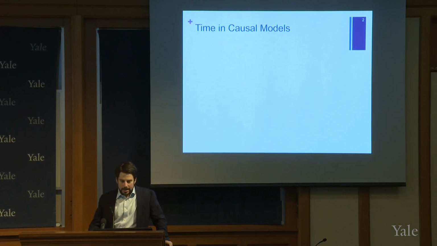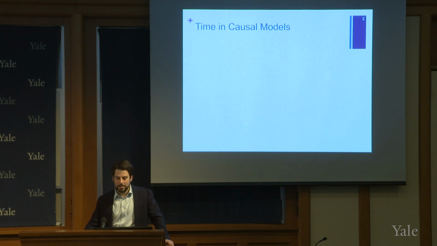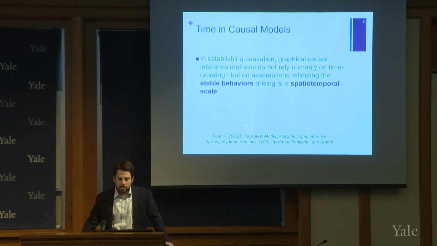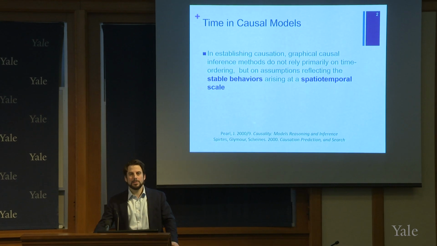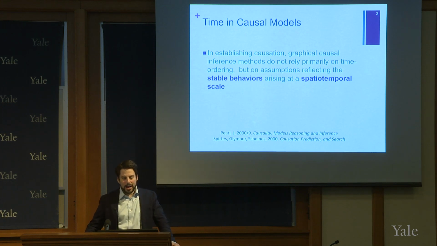Now, in addition to illustrating that concept, hopefully this will start to illustrate the broader theme of the talk, which is that the relationship between time and causation in causal models is a lot more intricate than you might have thought. So as I'll talk about, when we're talking about graphical causal inference methods, so people like Pearl, Spirtes, Glymour, Scheines, Janan was mentioning them, these methods do not typically infer causal order from time ordering.